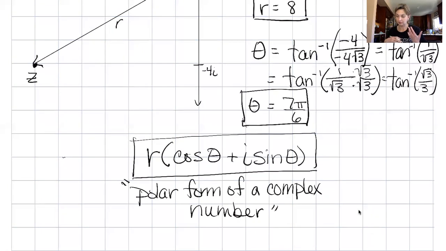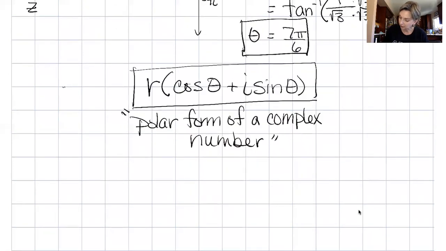That's why we were solving for your argument, right? Your argument and your modulus. Because now that we know the argument and the modulus, we can just plug them into this equation and we'll have the polar form of your complex number. Okay, so if I took example number 1, the first one we did, I can now plug them into that and I'll have the polar form of a complex number.